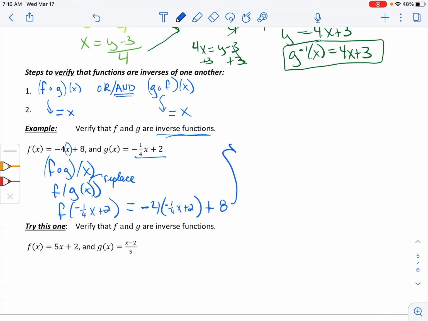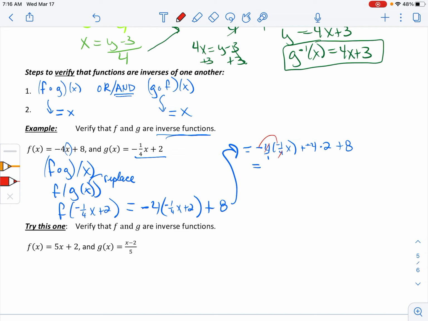Okay, so now I have negative 4 times negative 1/4 x plus negative 4 times 2 plus 8. So up here, negative times negative is positive. This is really 4 over 1. This negative and this negative cancel each other off or become positive.